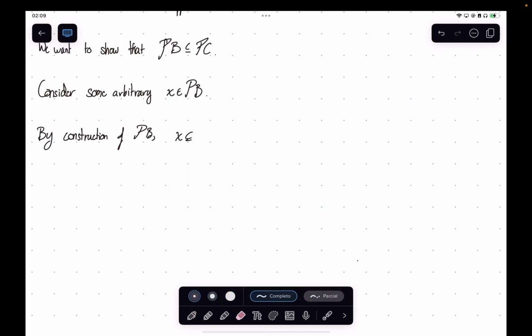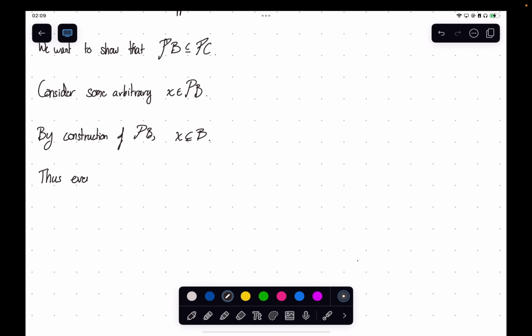Now what this means is that every element of X is an element of B. But what was our initial assumption?